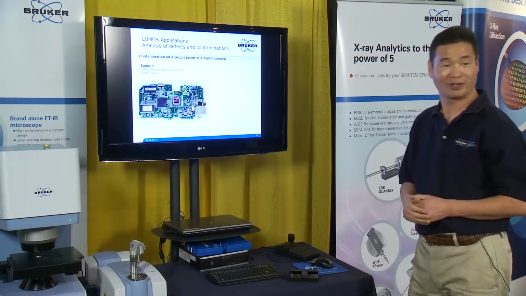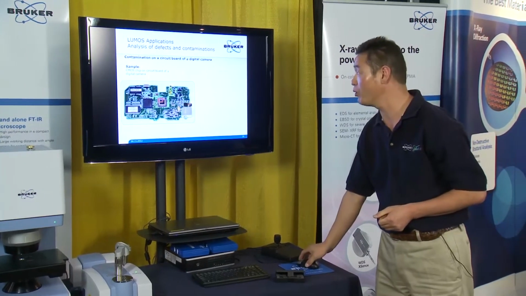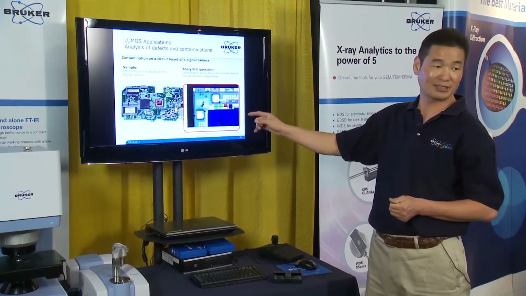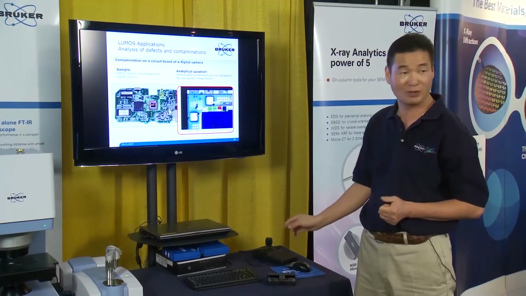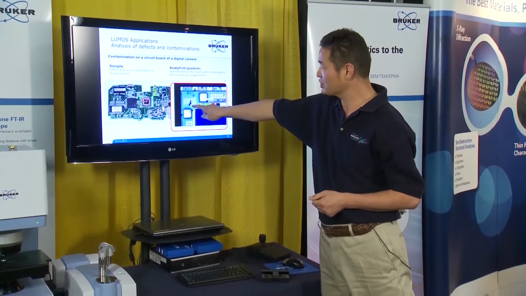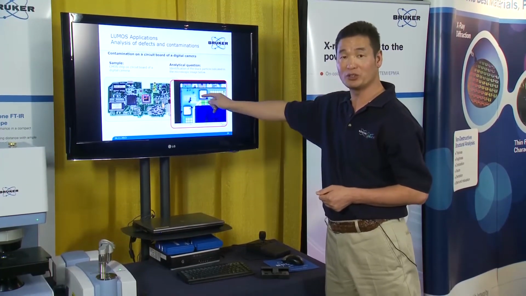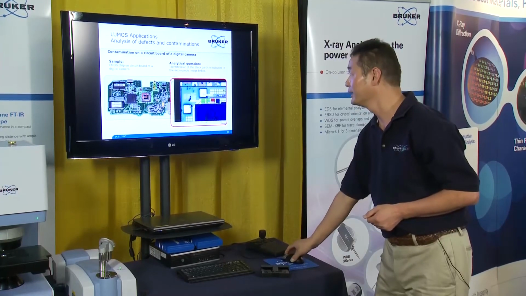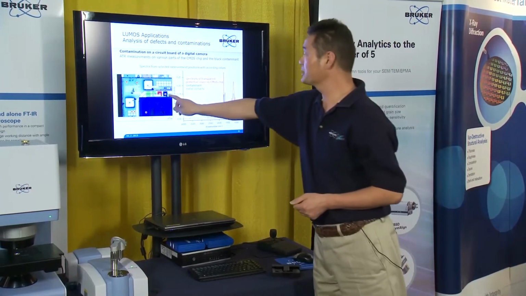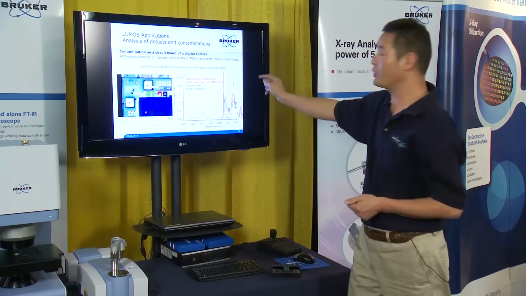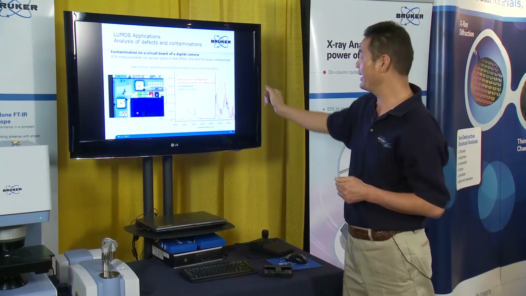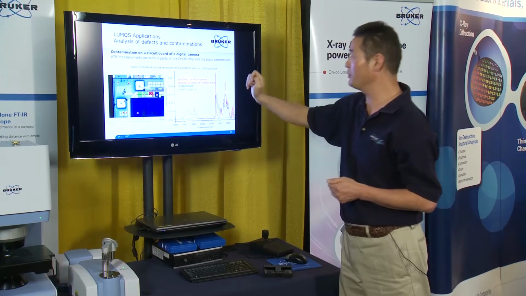Last example, we have a printed circuit board, PCB, and this device didn't pass quality control because there's something wrong with it. It has been traced back to this little dark spot over there, and we want to know what that is. The infrared microscope analysis shows these red spots are the transparent protective coating, which is supposed to be there, and that's the red spectrum.